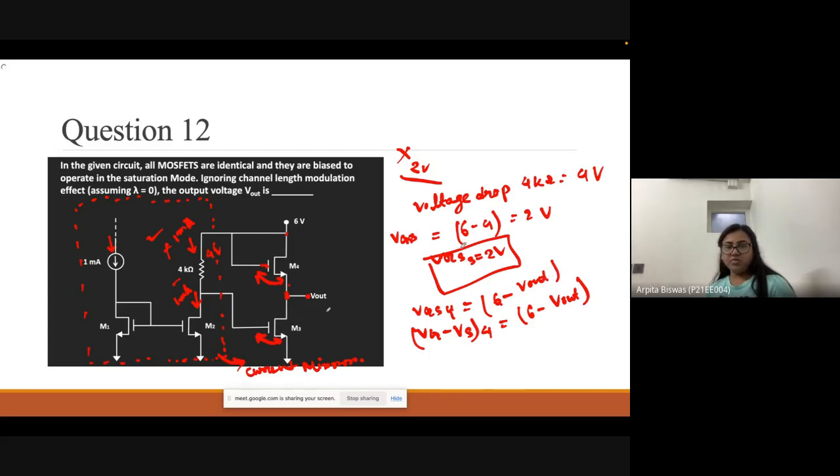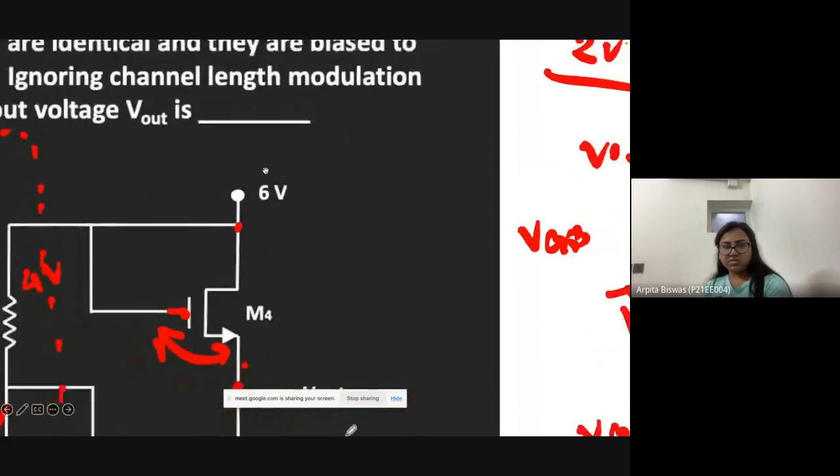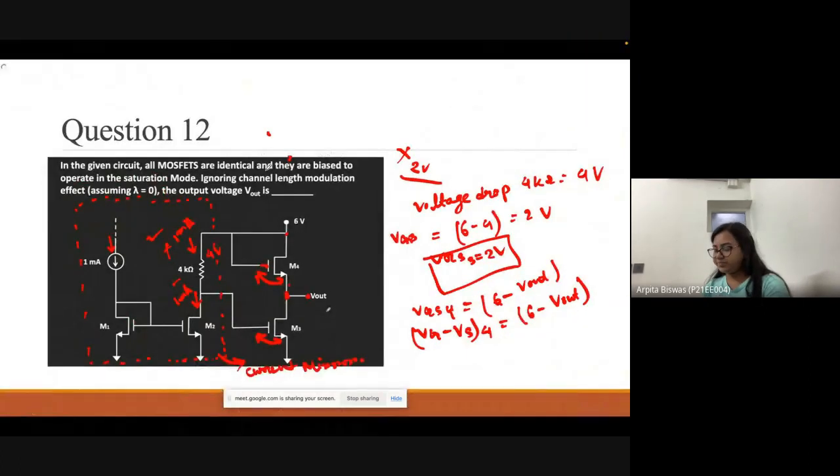Now all of you know the equation of the current. M4 and M3 are in series connection, so the same current will flow through them. Just write down the value of ID. It is in saturation mode.